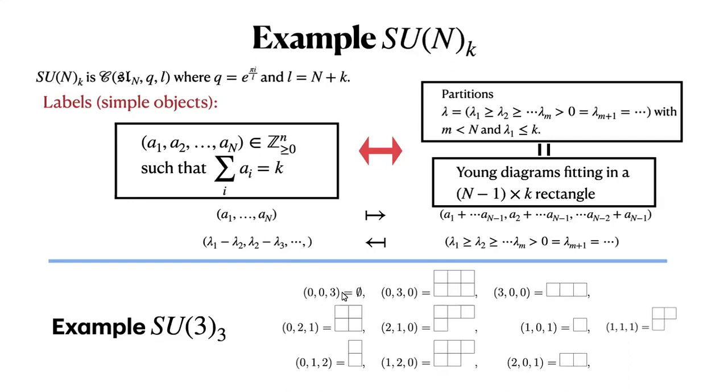Look, for example, in this case, this 003 corresponds to the empty Young diagram, and so on. But this corresponds to an invertible element. For example, this corresponds to 3 times the first fundamental weight, and the dual of this is this one.